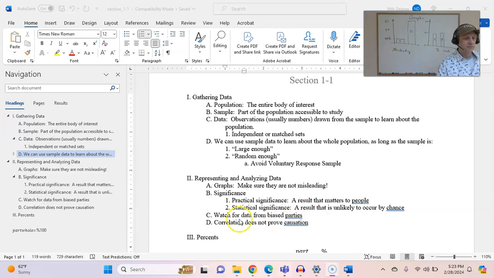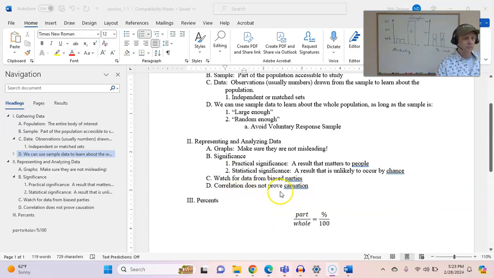Sometimes variables are correlated to each other either randomly or maybe because they're both dependent on another factor, like time or poverty. Poverty is a very common lurking factor as well. It doesn't necessarily mean that one variable caused the other.